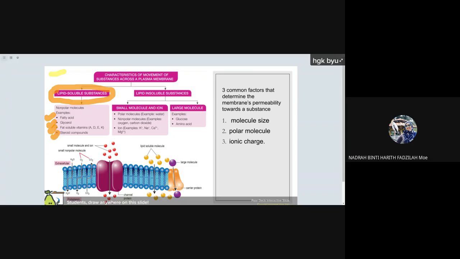So, another group of substances that cannot diffuse through plasma membrane because they are lipid insoluble are small molecules and ions and also large molecules.